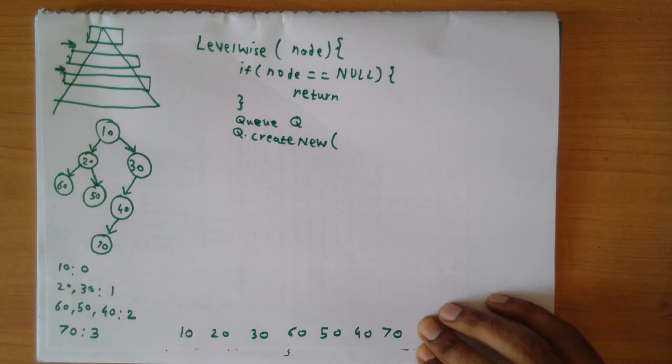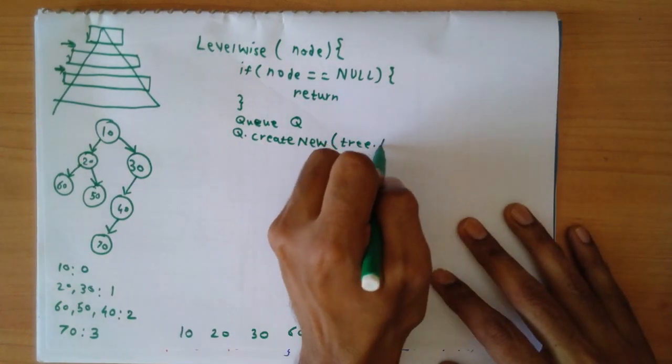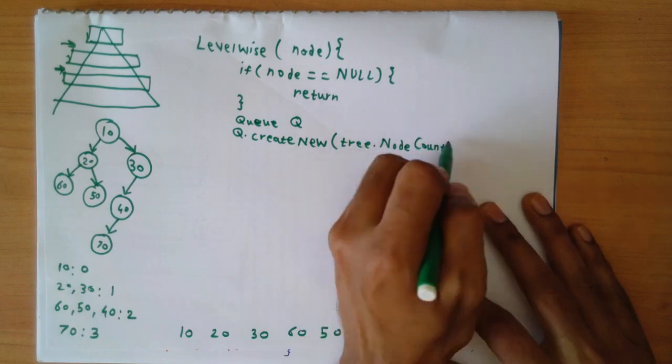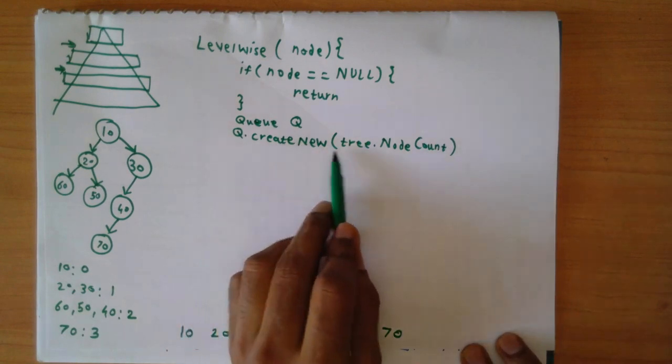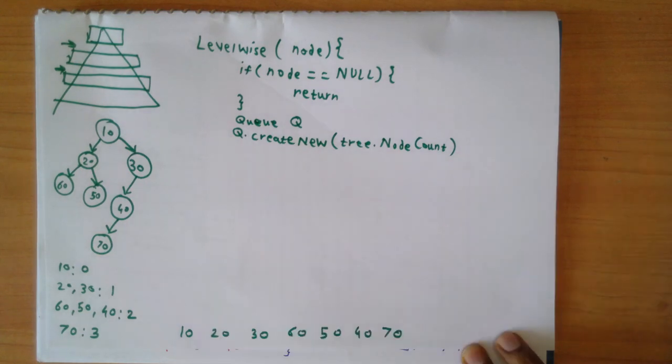So let's write it as tree.nodeCount. Some implementations in certain programming languages might not require you to specify the capacity at the beginning. They would grow on their own, but we will not go into those specifics right now.